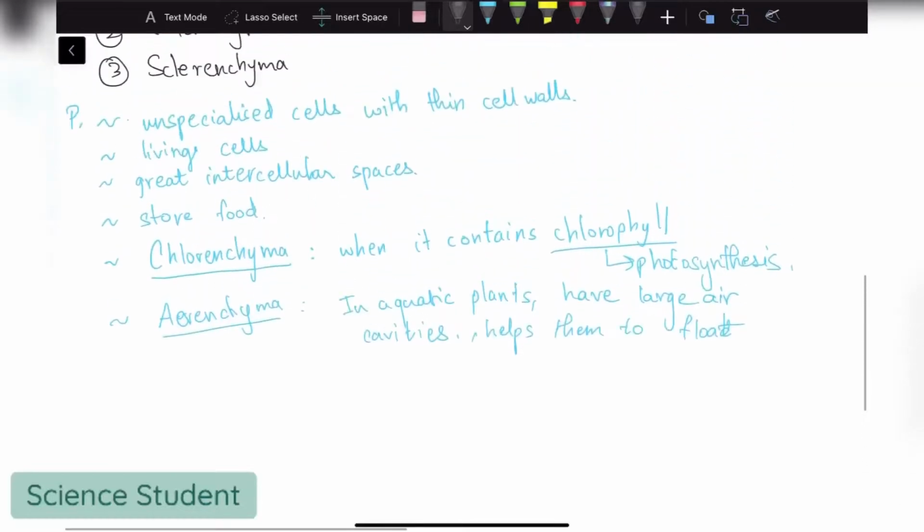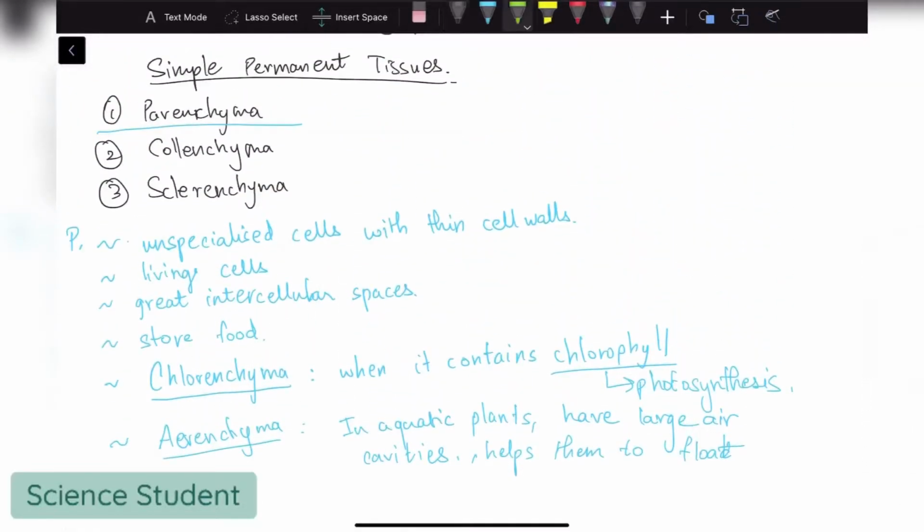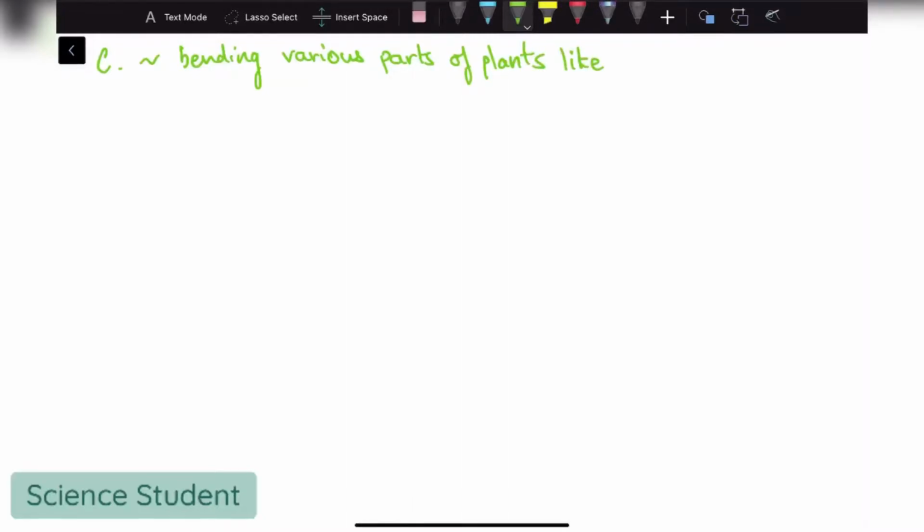Now we'll talk about the second type of simple permanent tissue, and I'll write this one with the help of green color, that is collenchyma. So C. Collenchyma helps in bending various parts of plants like the tendril.